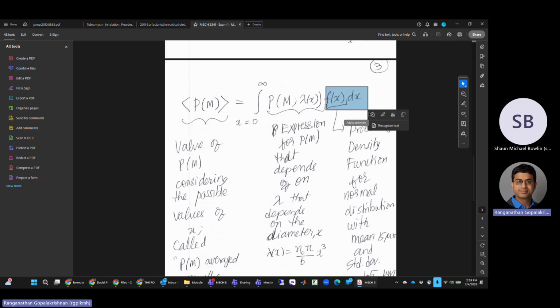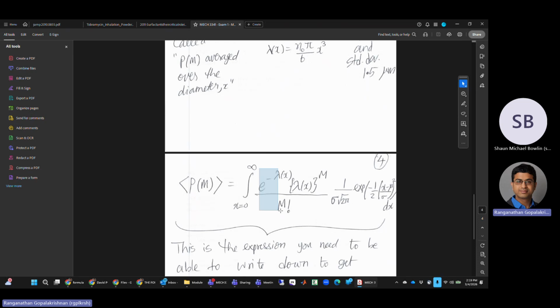It's basically the chance or probability of x taking different values. Some values are more likely, some are less likely. So you are taking this function and weighting it by the probability that x will take a certain value, and then summing over all possible values of x. This is literally a weighted average, where x follows a distribution instead of being a single value or a uniform range of values.